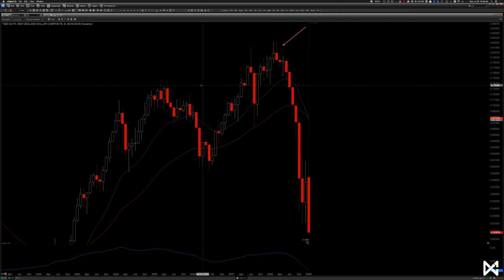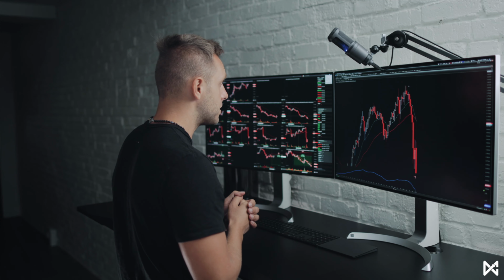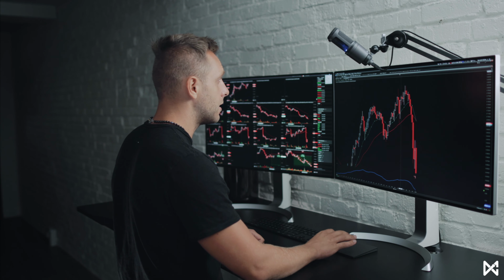So you can see that this tweezer top actually predicted a bearish reversal in price, and it actually predicted the global recession, or was right in time for the global recession. Many things predicted the global recession back in the day, but this tweezer top candlestick formation was a technical indicator telling us that price is about to reverse and something's about to happen. And in that case, it was actually the global recession of 2008-2009.